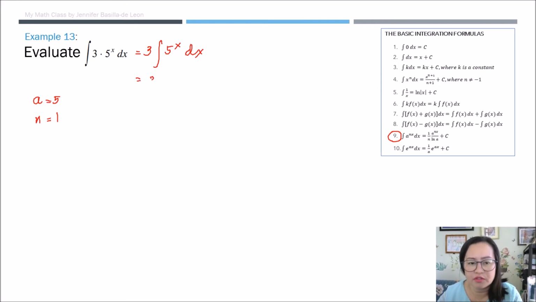We will have 3 times 1 over 1 times 5 raised to x over ln 5 plus the arbitrary constant c. So simplifying this, we shall have 3 times 5 raised to x all over ln 5 plus c.